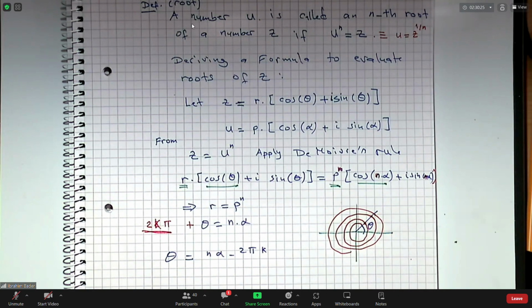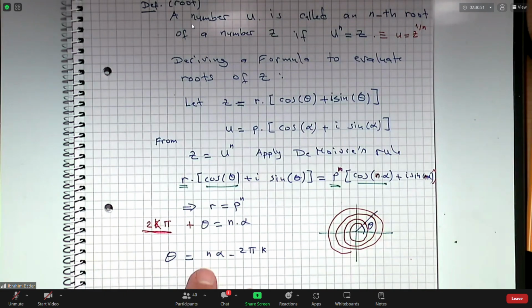Now, what does that mean for our roots? That means you have as many roots as you have in the original function, where you just plug in k from 0 to n minus 1. And these are the roots we are looking for.